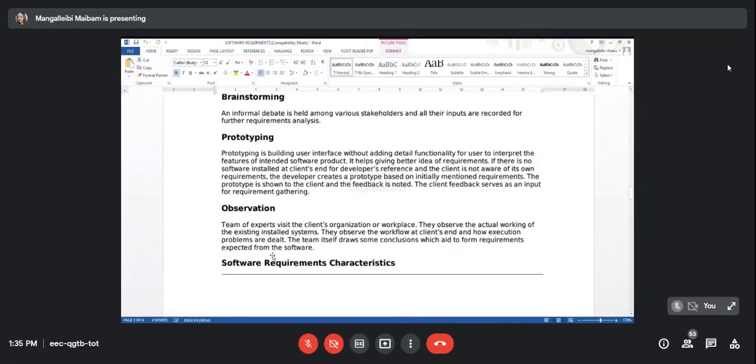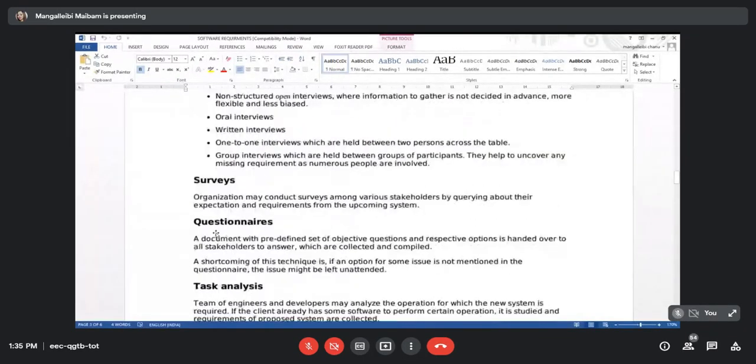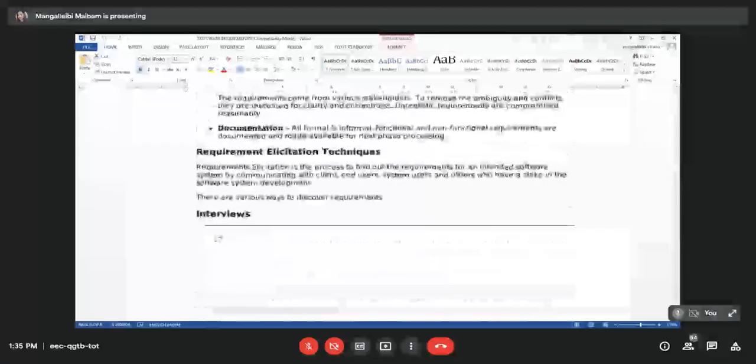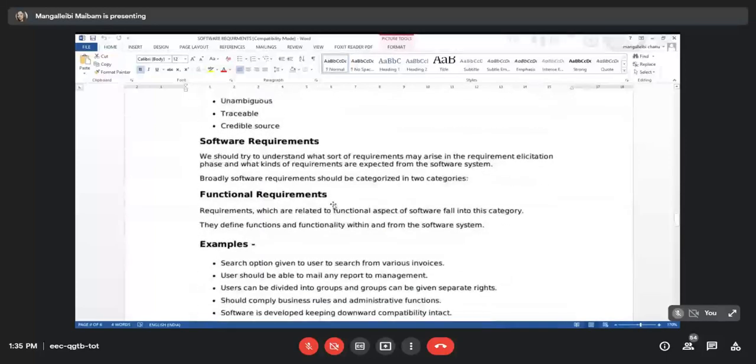If they need to update the system, they can update it, they can check the workflow, they can check everything that is going on with the existing system, and finally they can draw some conclusion so that we can form new updated requirements for the software. That is done under observation. So these steps come under requirement elicitation techniques. Like this, we'll go to the other one also.